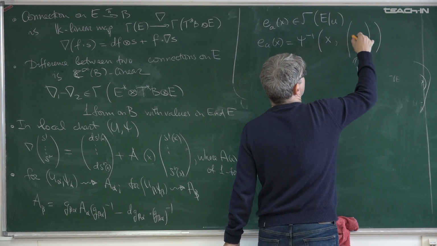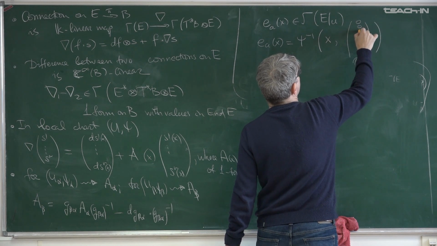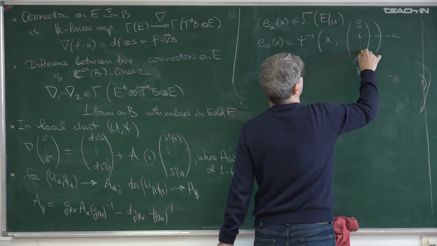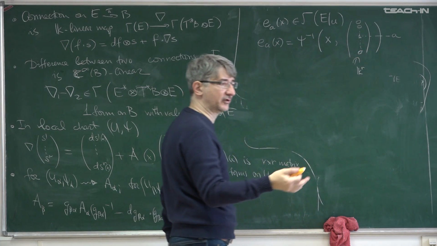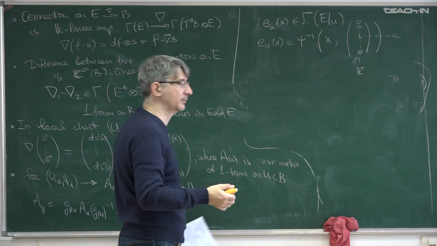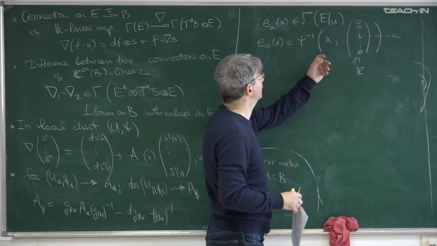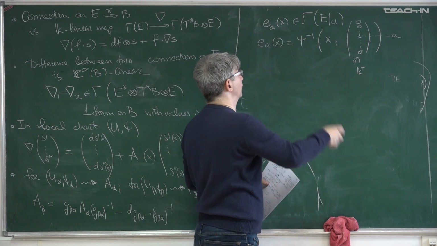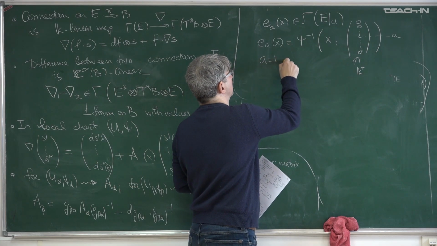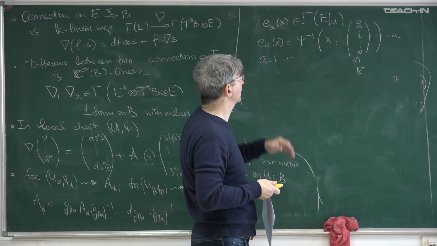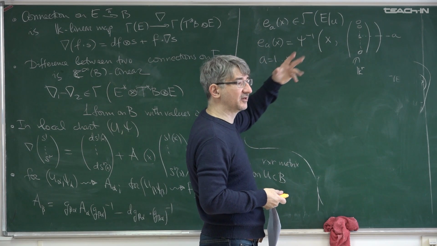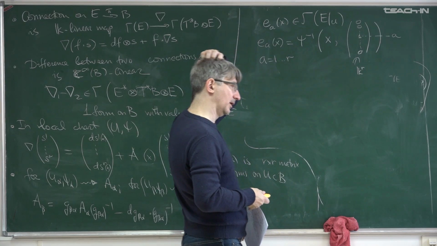This vector consists of zeros and has 1 in place number A. One of the standard basis vectors. So this is a frame, because A goes from 1 to r. This is a collection of local sections. At each point you obtain a basis. So we speak about a frame.